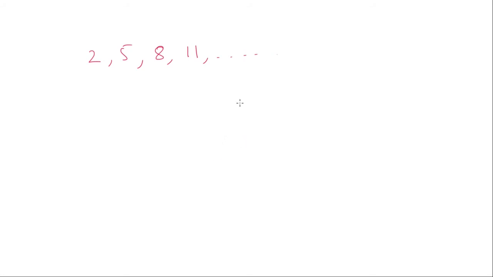If I say this term is called T1, this is T2, this is T3, this is T4, the nth term, Tn, will be what? What is the relation between 1 and 2, 2 and 5, 3 and 8, 4 and 11? It has to be the relation between n and that term. So in terms of n, it will be a function of n.